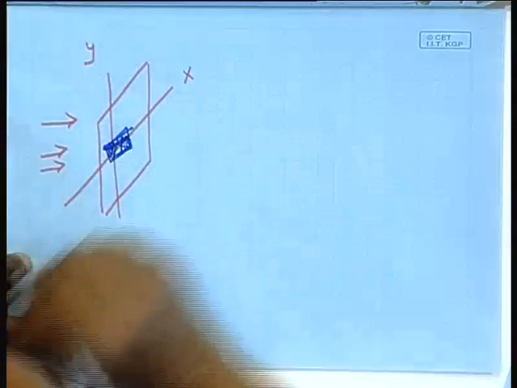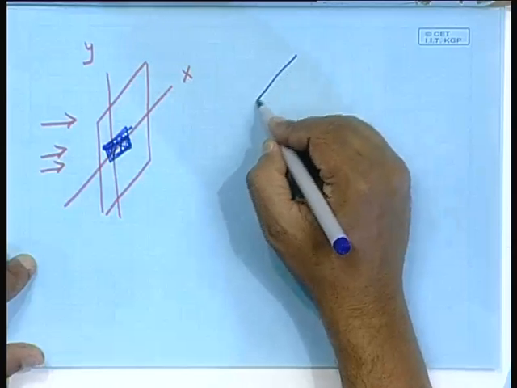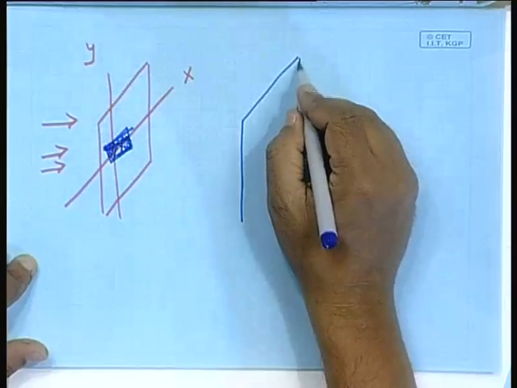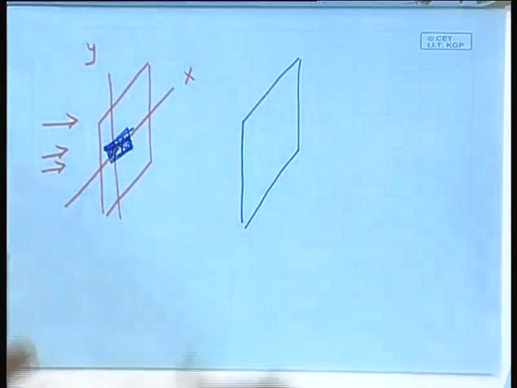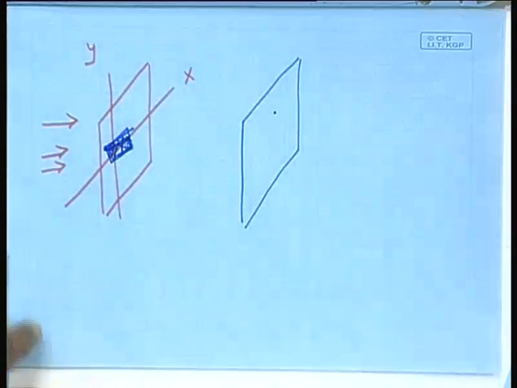The rest of the screen is opaque, and we are interested in the diffraction pattern on a screen which is placed far away. So, we now want to calculate the intensity at some point on this screen.